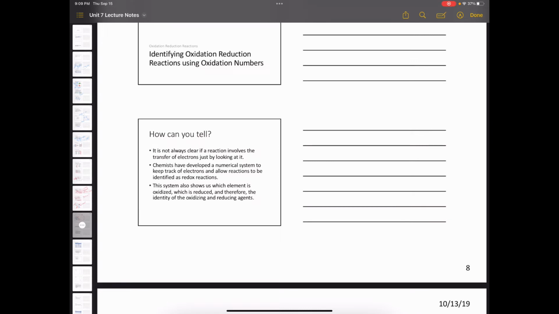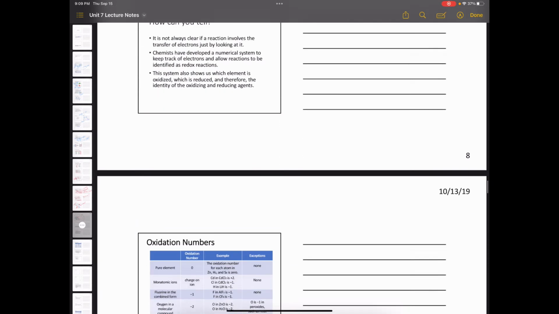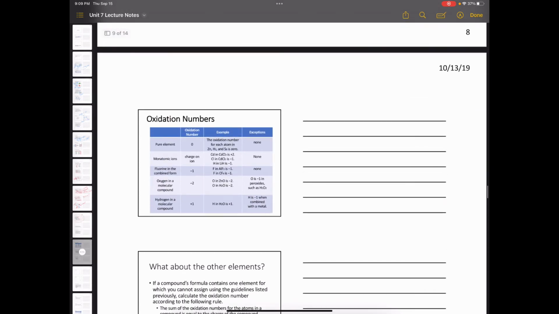If there is a change in the oxidation number, either gaining or losing, that means it's a redox reaction. The system also shows us which element is oxidized and which is reduced, and therefore we can identify the oxidizing and reducing agents. Okay? First, here's a handout to help you identify oxidation numbers, because this basically touches the center of our subject here.